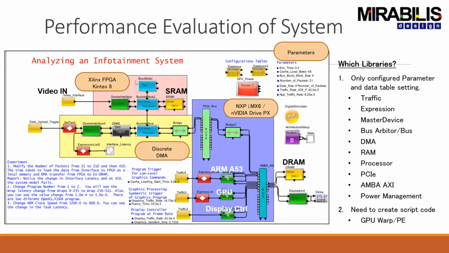They come in, they have a local memory map, and then they get uploaded through a DMA, through a PCIe interface to DRAM. And then of course, you have the traditional multi-core GPU display controller. So as you can see, it's a complete infotainment system. What we're trying to do here is figure out, for different types of algorithms, what the maximum bandwidth is that I can get.